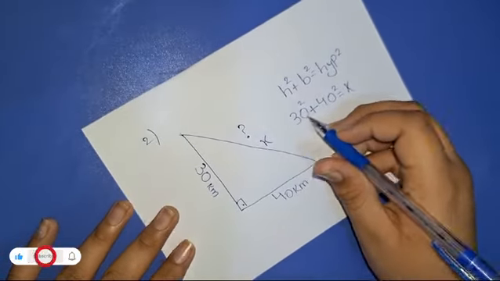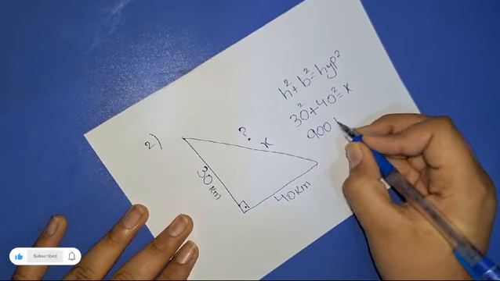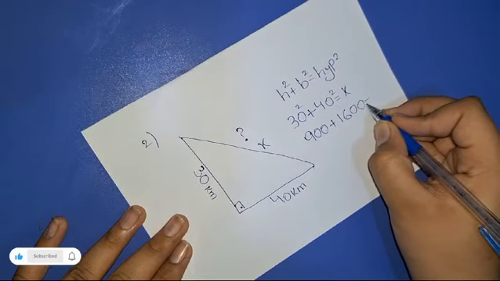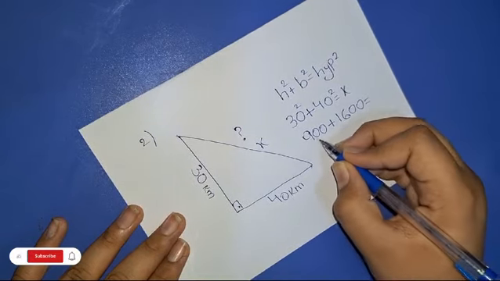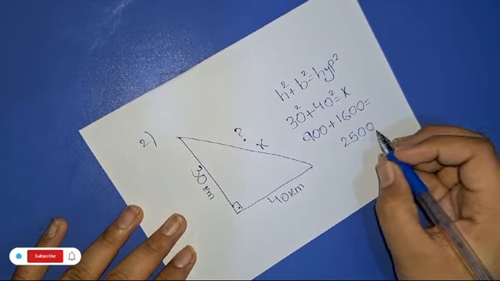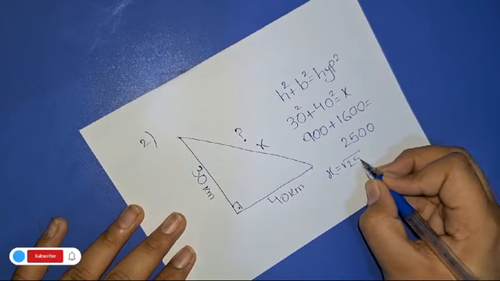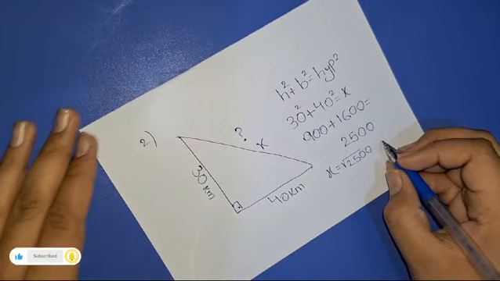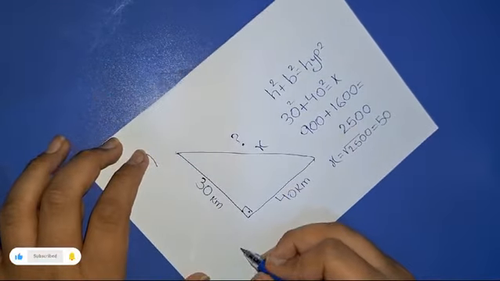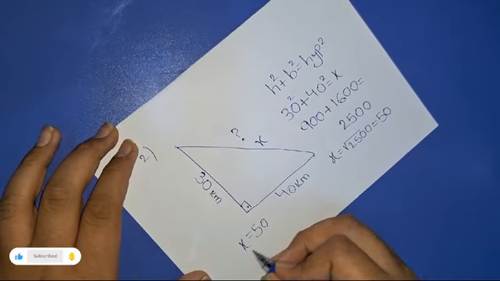Now what is 30 square? 30 square is 900 plus 40 square, 1600, equals 1600 plus 900, 2500. So x equals the square root of 2500, which is 50. So x, the hypotenuse, equals 50.